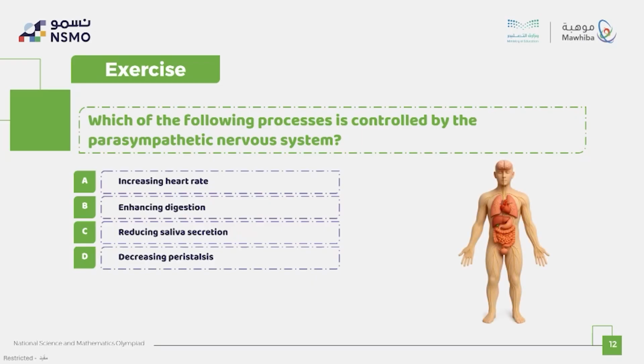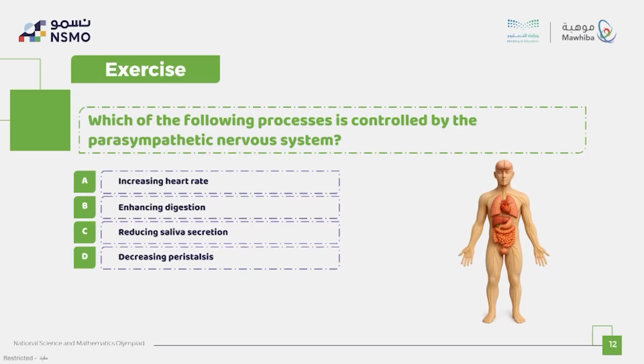What do you think? Let me help you. The parasympathetic nervous system is responsible for what? Yes, rest and digest functions. So the system slows the heart rate, increases digestion, increases saliva secretion, and stimulates intestine movement.